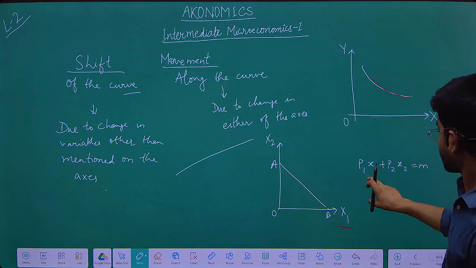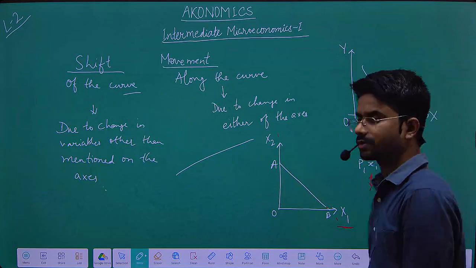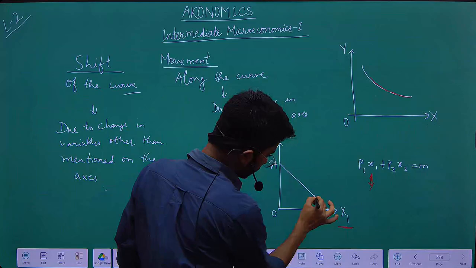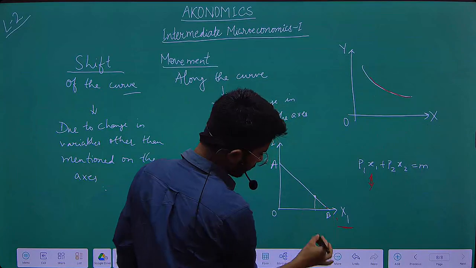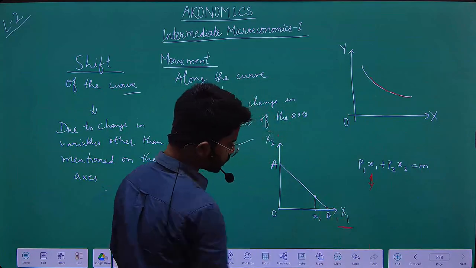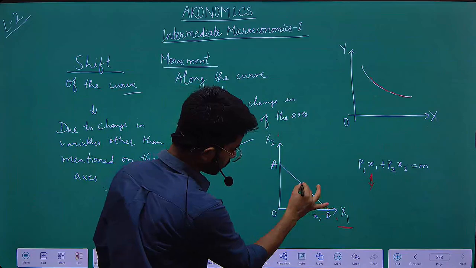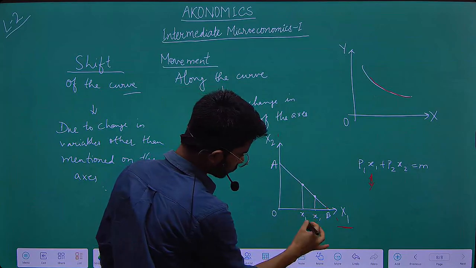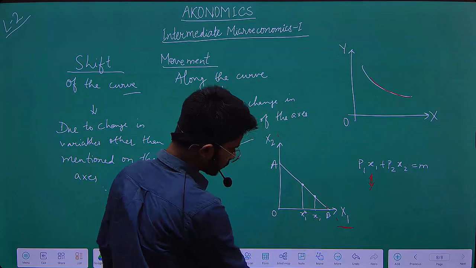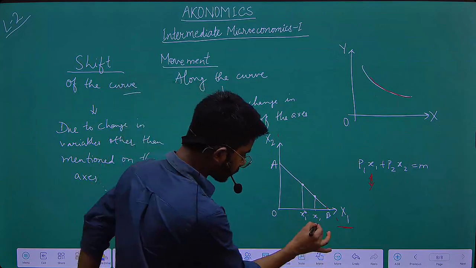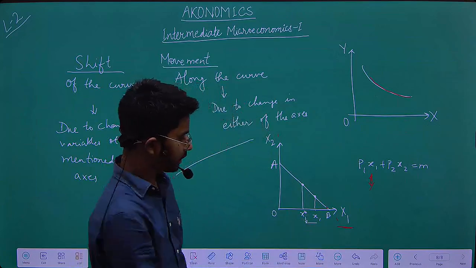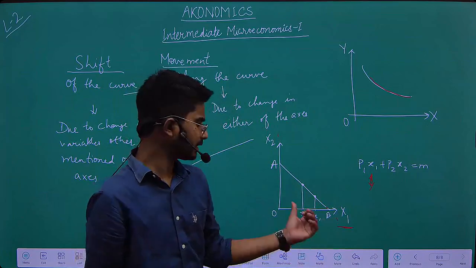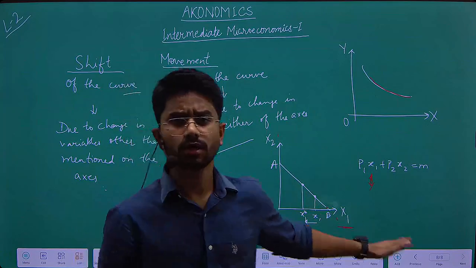So just think, if x1 is changed from this point, you have some x1 value represented by a small x1 and you have another point here, say x1 star. So movement from x1 to x1 star is with the change in the variable on the horizontal axis.